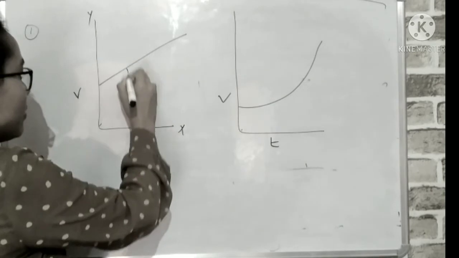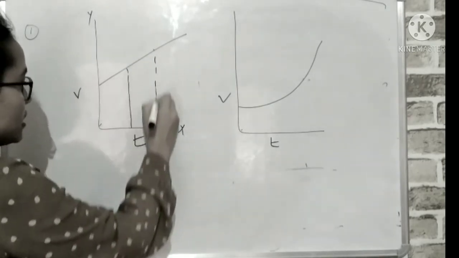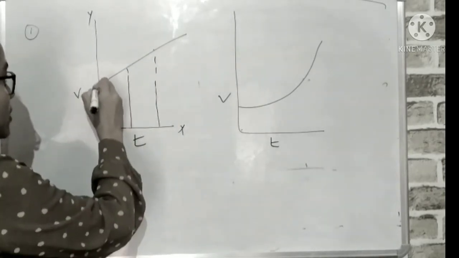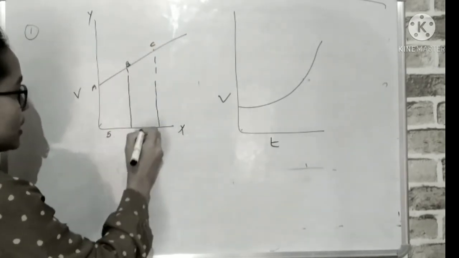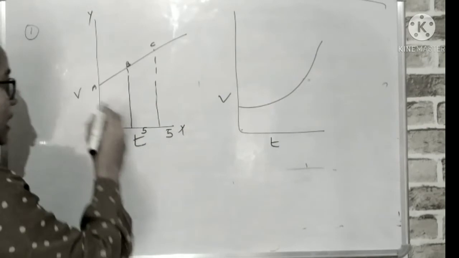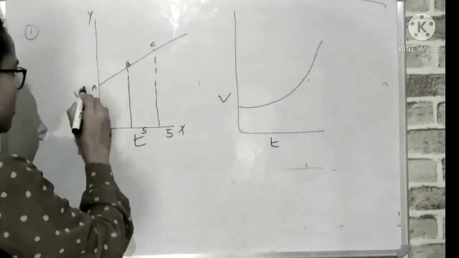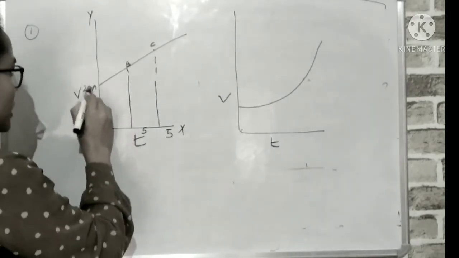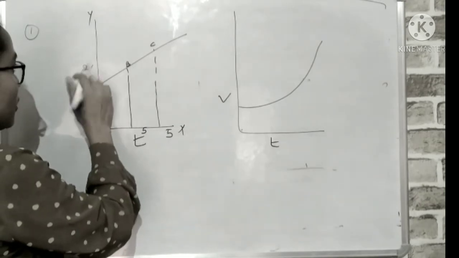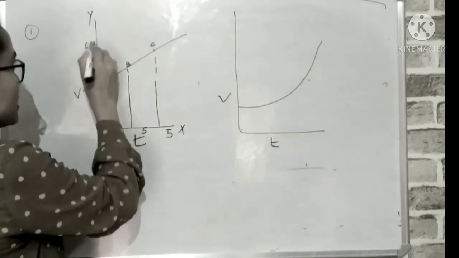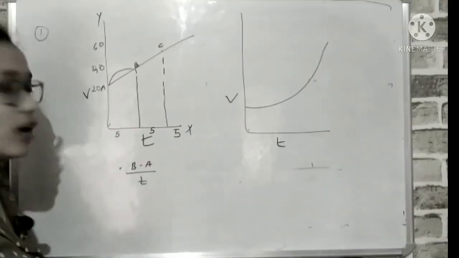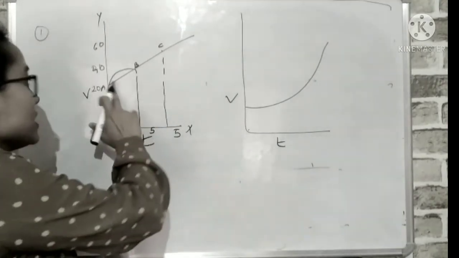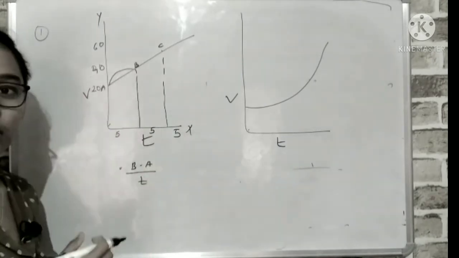Now suppose to cover this distance, this is point A, point B, point C. Okay, 5 second, 5 second, 5 second. Suppose the distance is 20, 40, 60. Okay. Now how will I calculate the acceleration? Now suppose I want to calculate change in velocity from A to B. What will I do?